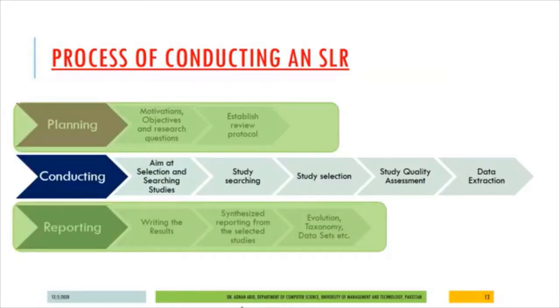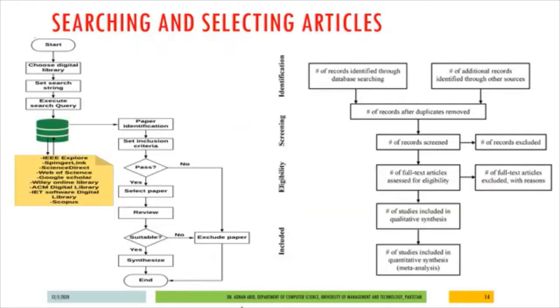So coming to the second phase, that is conducting the SLR. Here, after defining the objectives and questions, we have to have a very systematic method to select good quality research work. That's the idea of the second phase.